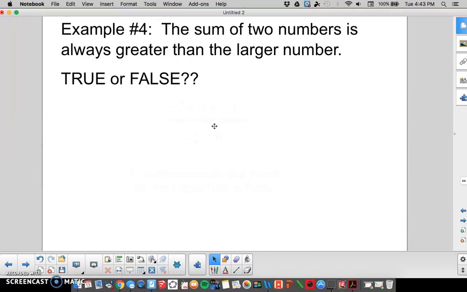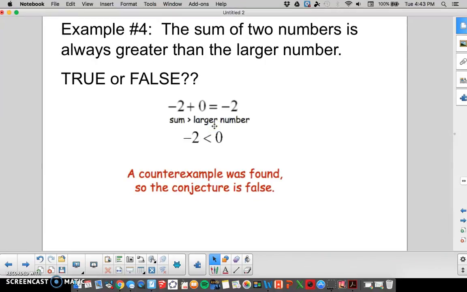So as we start to look at this, we start to think, well, if I add a negative number to 0, well, negative 2 plus 0 is negative 2. The sum, or what I get when I add them, is not bigger than 0. 0 is the larger number. So I've proven that this statement is actually false using that example that disproves it.